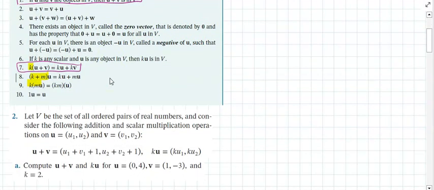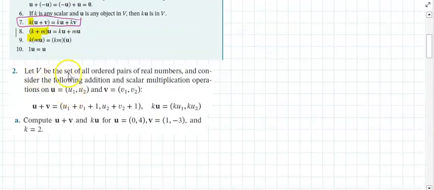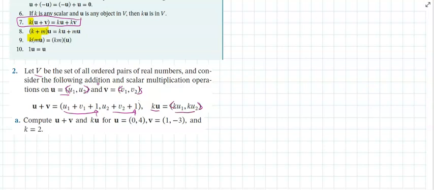So we're going to start with the first example. Here it says, let V be the set of all ordered pairs of real numbers and consider the following. And for this vector space V, the addition, if you take those two vectors and add them, you take the I components of each and add 1 to it, and the J component of each and add 1 to it. And the scalar multiplication turns out to be identical to what we know. So just to practice, compute U plus V. So U plus V is 0, 4, plus 1, negative 3.